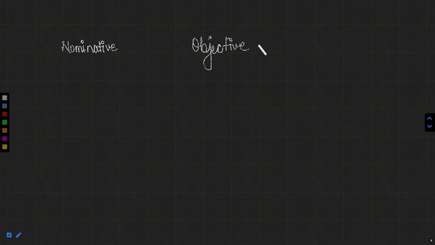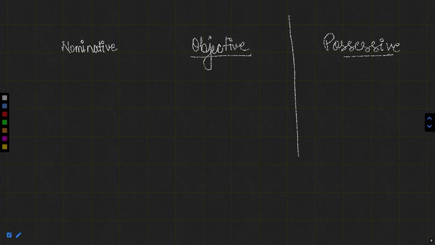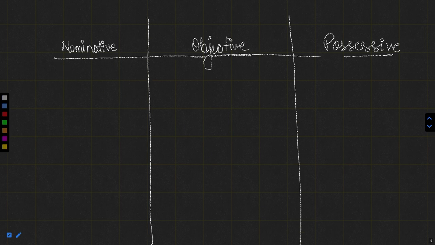However, we will be reading these three cases again in the chapter of pronoun, and this one is really very important. Nominative case means we have the words I, we, you, he, she, it, and they. It means subjective cases.